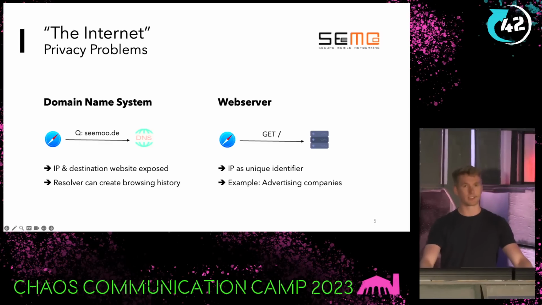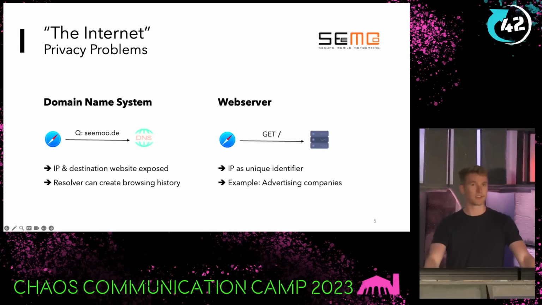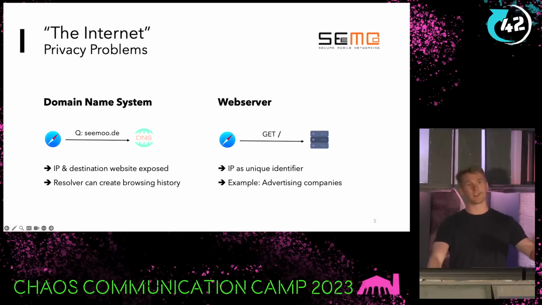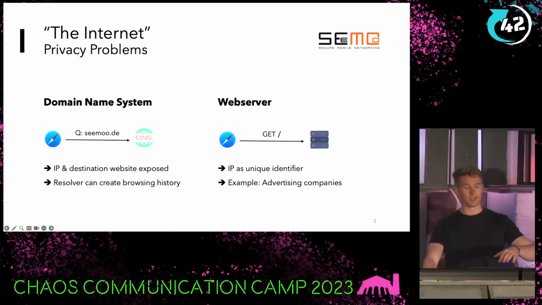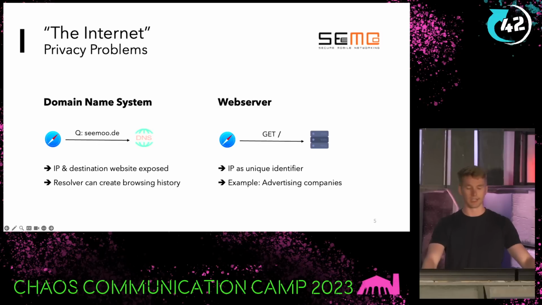So he knows exactly which websites you visited. And in the second step, the web server, which you also connect to, indirectly learns your IP address, which is then often used by, for example, advertisement companies as a unique identifier for you.